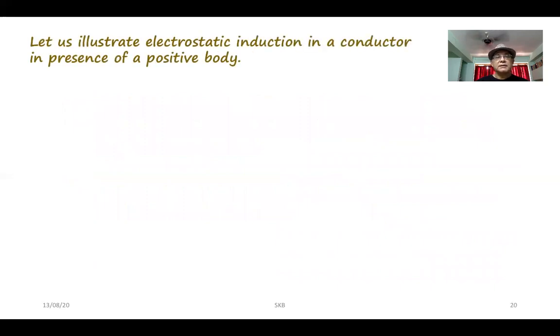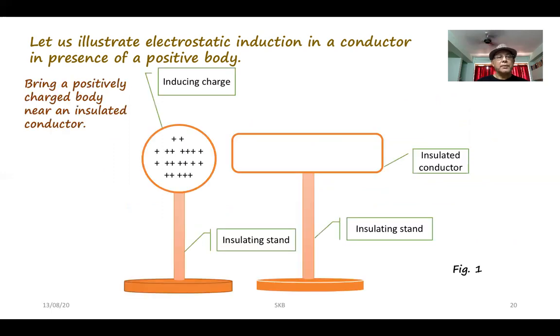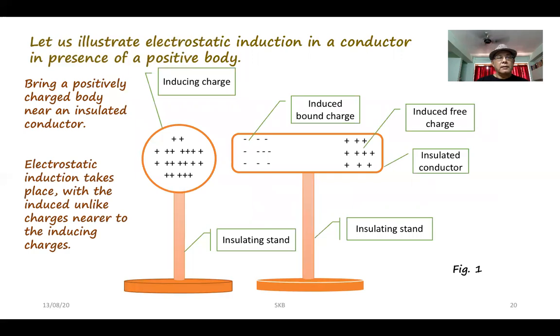Let us illustrate the electrostatic induction in a conductor in presence of a positive body. Bring a positively charged body near an insulated conductor. Electrostatic induction takes place with the induced unlike charges nearer to the inducing charges.